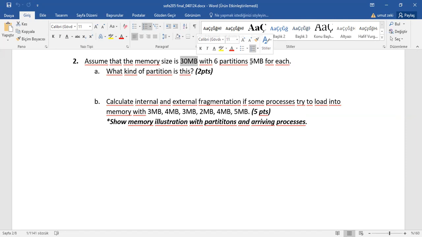So to fit those processes, we made 6 partitions with 5 megabytes for each. So this is fixed partition because we are creating it in the beginning. Okay, we don't know the process size. We just create it and we wait for the processes. That's why it is fixed partition.